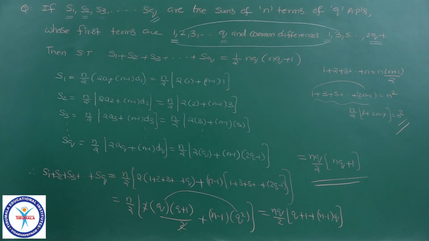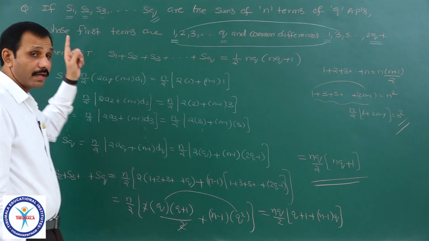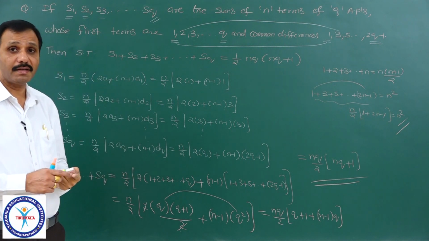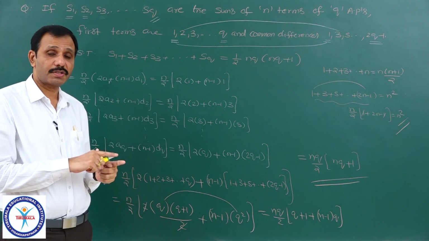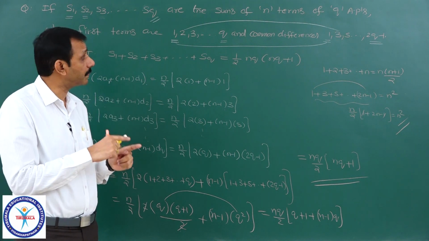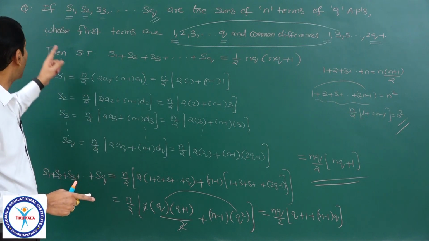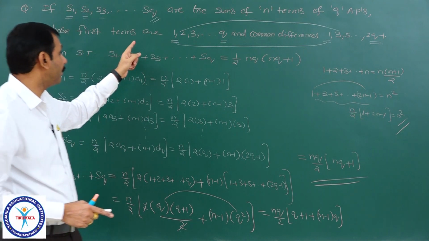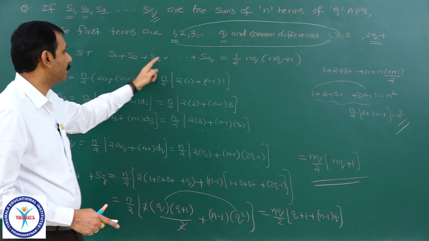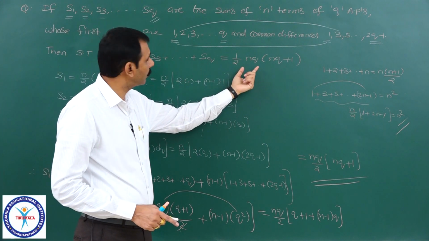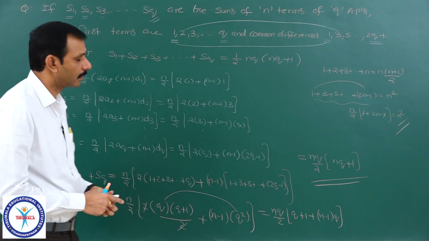Hope you understood this one. They have given clearly here S1 means the sum of first n terms of the first AP, S2 the sum of first n terms of the second AP and so on. And for those APs, the first terms and common differences are given. Then they are asking S1 plus S2 and so on, Sq, equal to this, I want to prove.